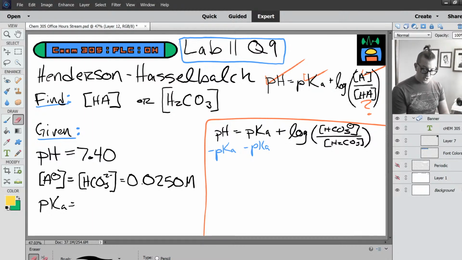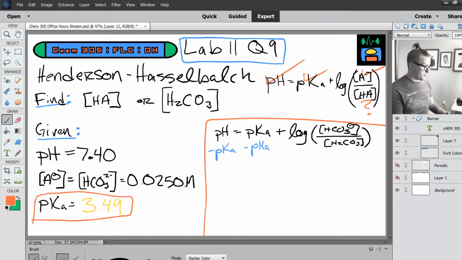That is the value you want to use for this calculation. I just grabbed the first pKa that I saw, but the correct one is 3.49.